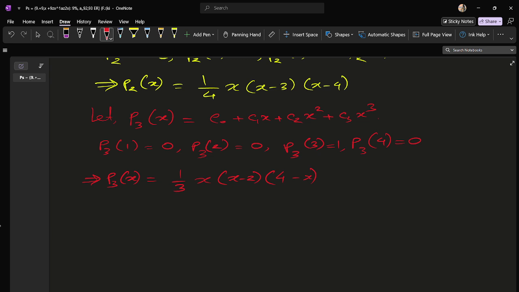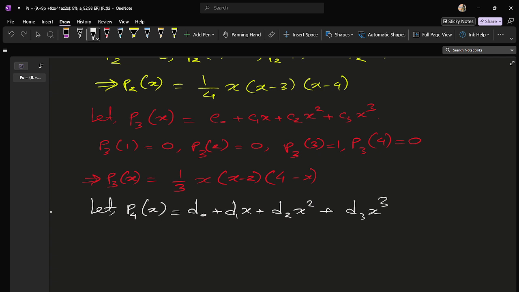Similarly, again we can get p4(x). This is taking much more time, but I have to do it in this manner, then you will understand what is going on here.